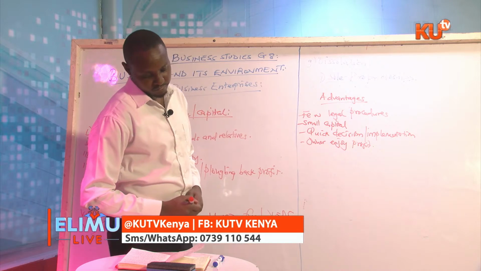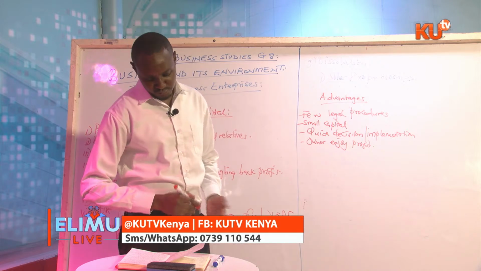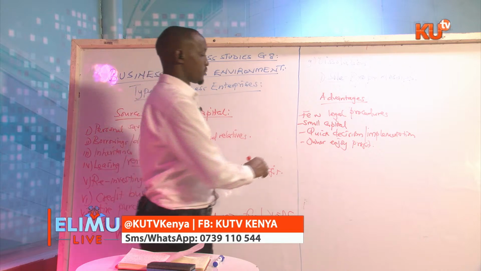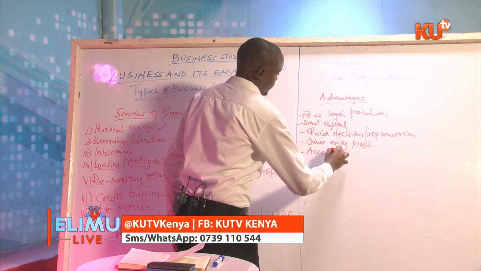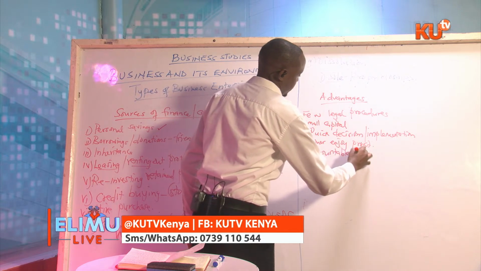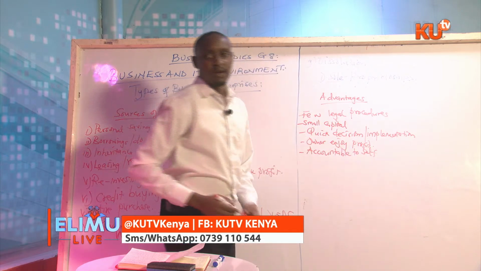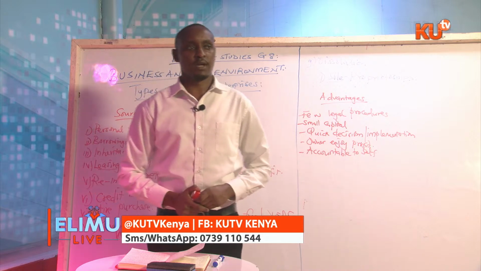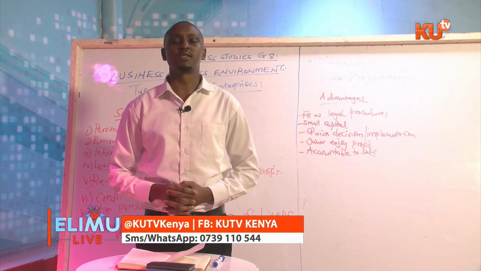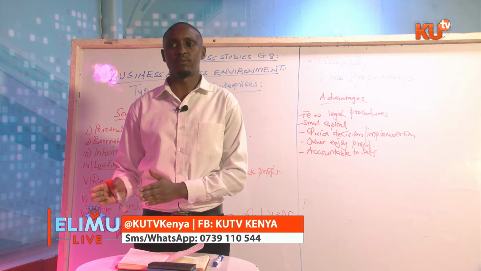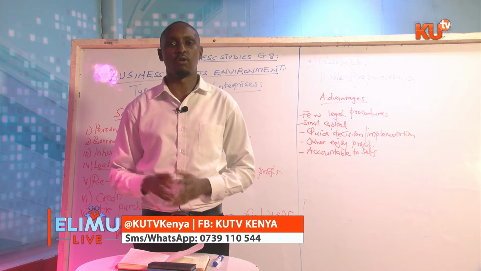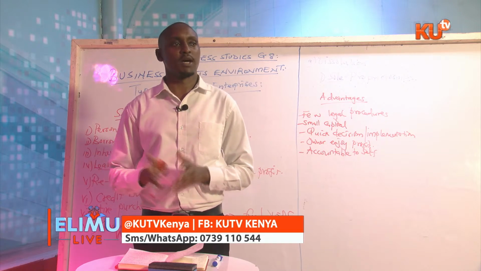Then number 5 is that the owner is accountable to himself or herself. What do we mean by accountable to self? When you are accountable to yourself, it means that you are not answerable to another person. What time you close and what time you open is all dependent on you, not another person.